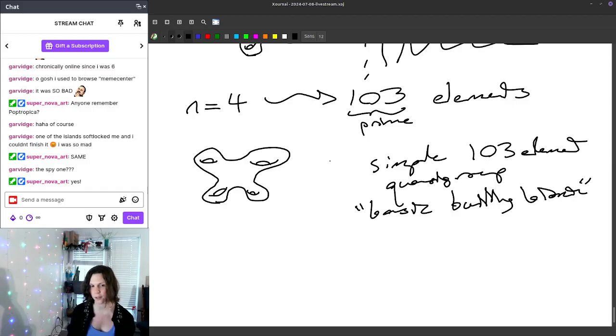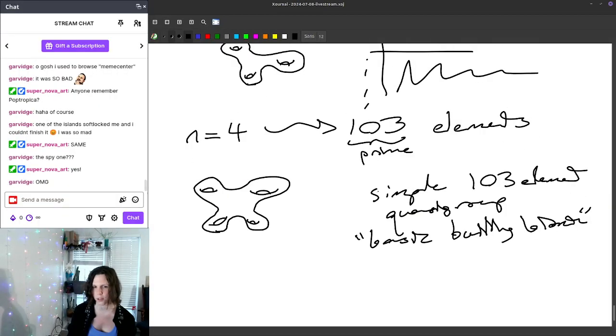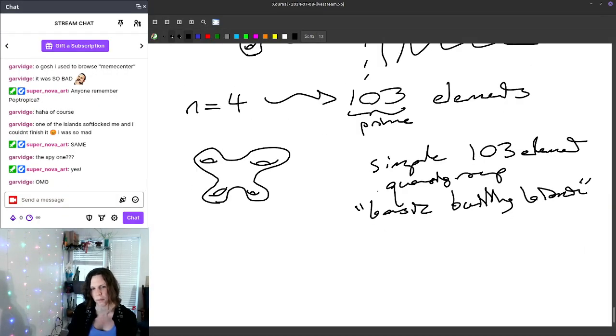And I'm going to try to figure out if it's minimal. Oh, no. I know that it's a minimal triangulation because that's how I made it. Never mind. So it will be a minimal triangulation. Okay, never mind. I'm good.